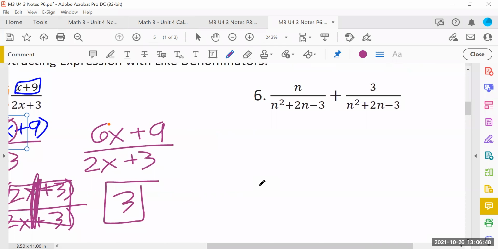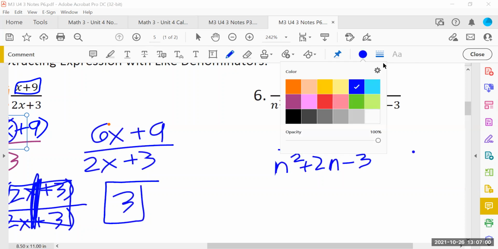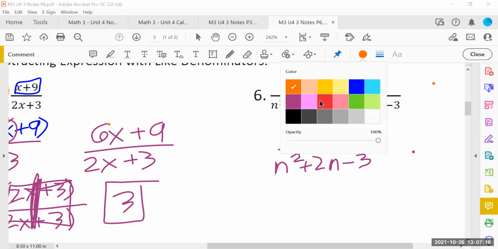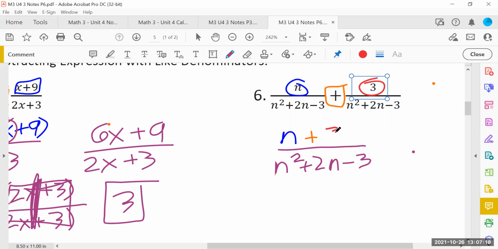Now, let's try number 6. Same exact idea. Denominators already match. Add the tops, so the denominator is still going to be n squared plus 2n minus 3. The top is going to be n plus 3. Right now, I can't simplify anything because the bottom isn't factored.